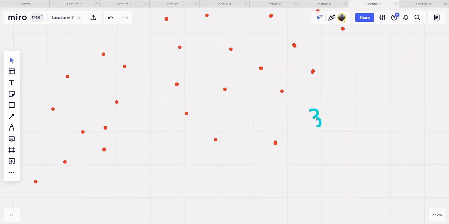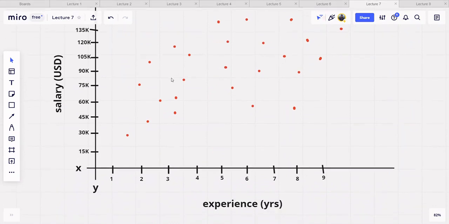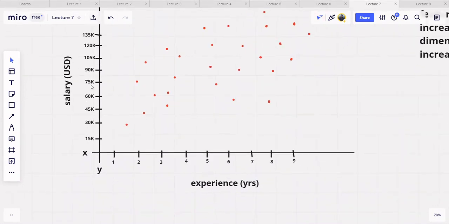So let's say that you're trying to predict salary given experience, and this is basically our scatter plot.